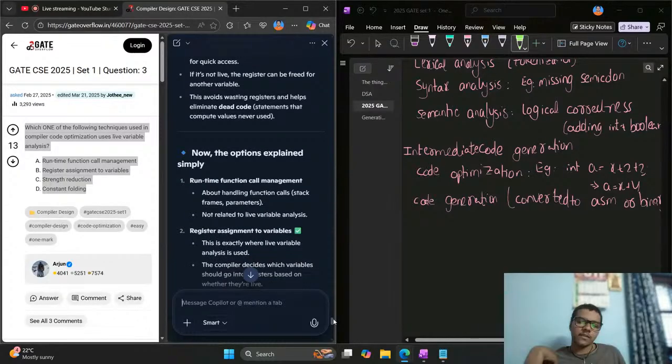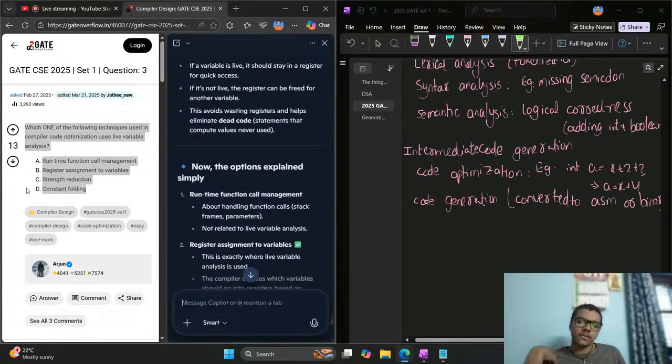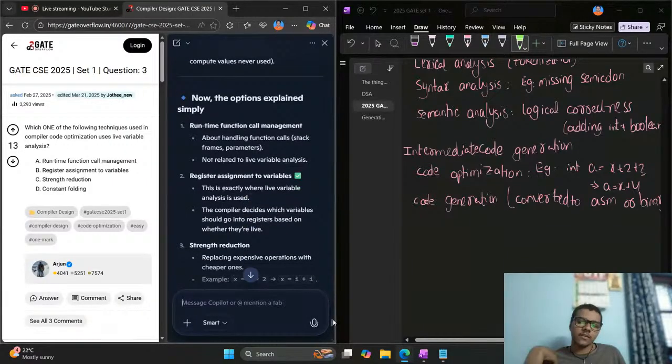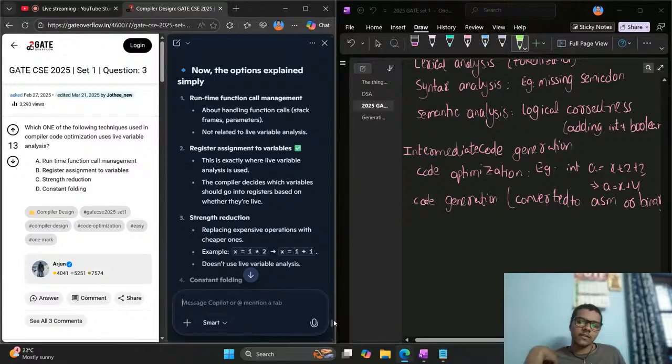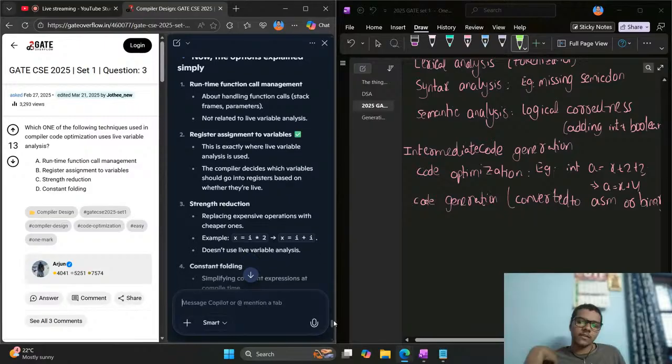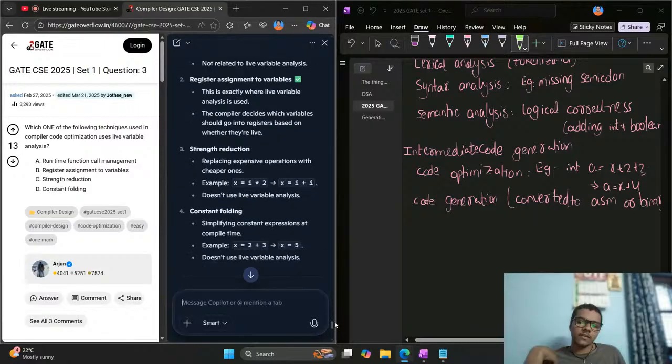Runtime function call management is about handling function calls. The options: register assignment, strength reduction, constant folding.